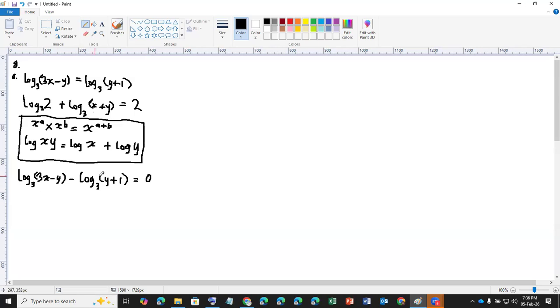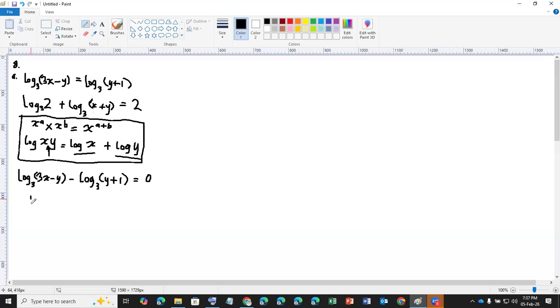Now, of course, we can infer directly that if multiplication leads to log of something plus log of the second one, then subtraction would imply division, isn't it? Yes, sir.